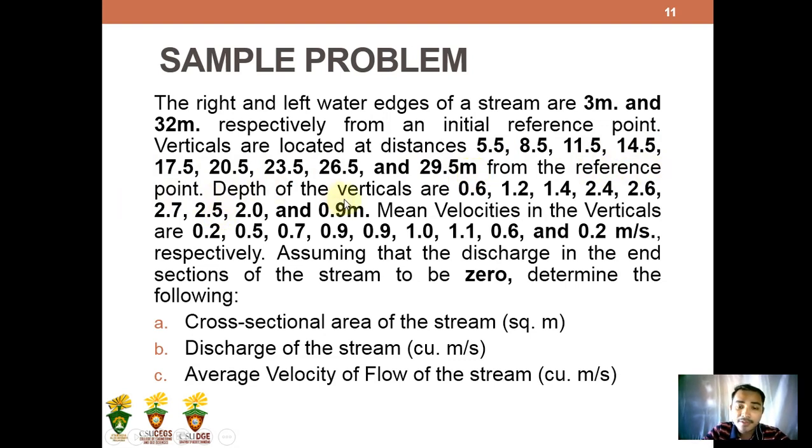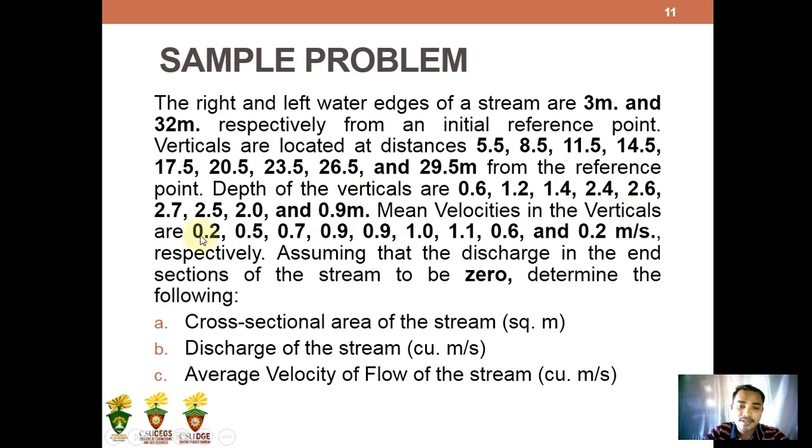So the depth of the verticals are 0.6, 1.2, 1.4, 2.4, 2.6, 2.7, 2.5, 2.0, and 0.9 meters. Again, this is from the right water edge. And we have also mean velocities in that specific verticals or those intervals.